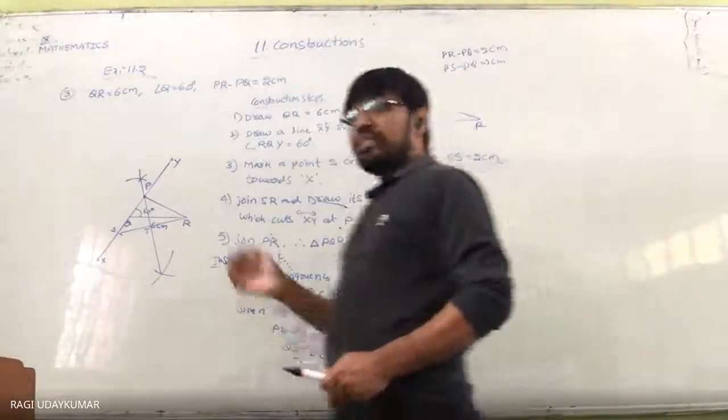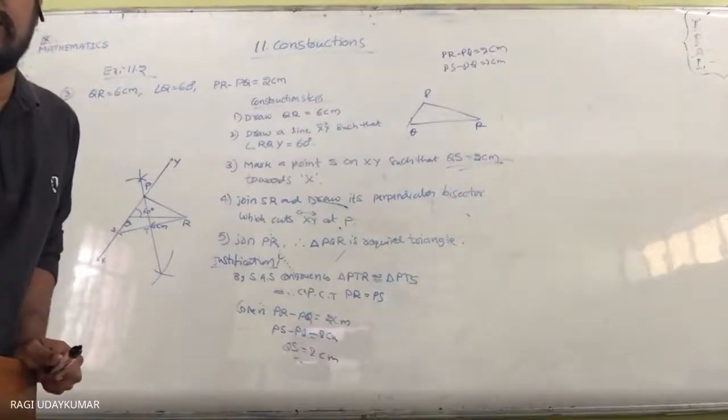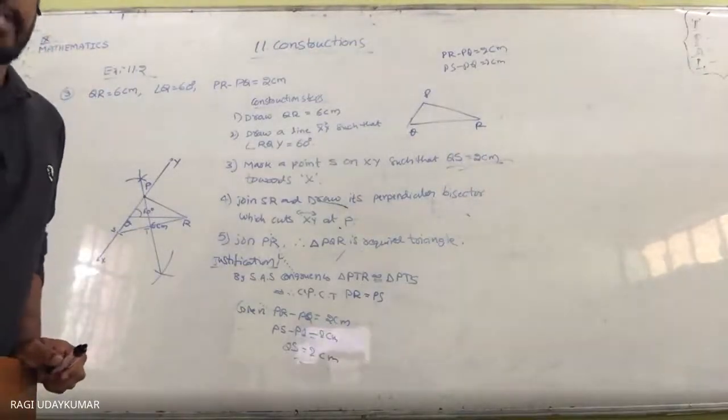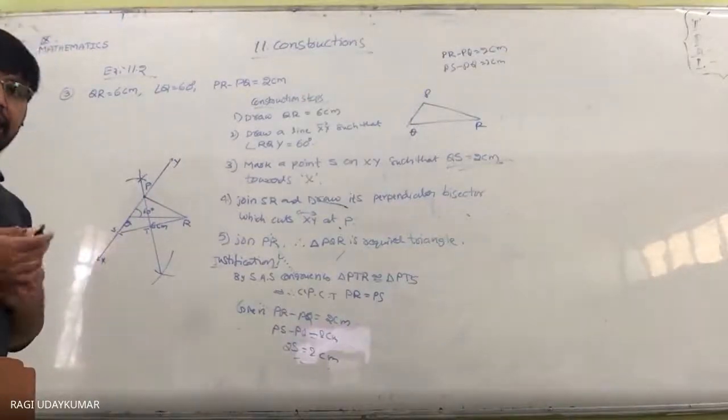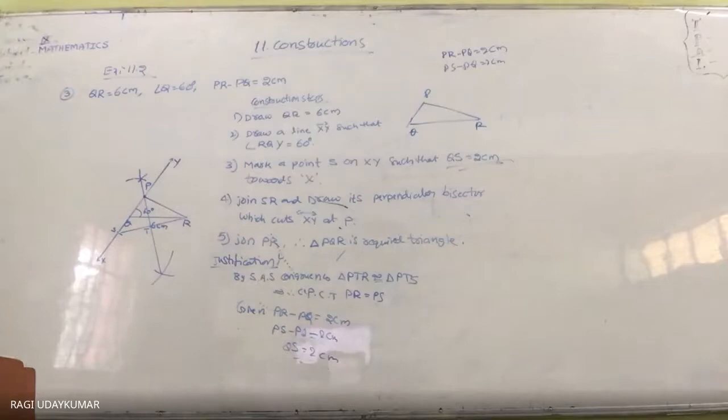For that we need to give the justification. I explained it to you very clearly first, that's why you understood. But while we were constructing, we did not explain it. So in the justification you need to give it very clearly. Okay? Did you understand or do you have any doubt? Clear, sir. Clear, right?